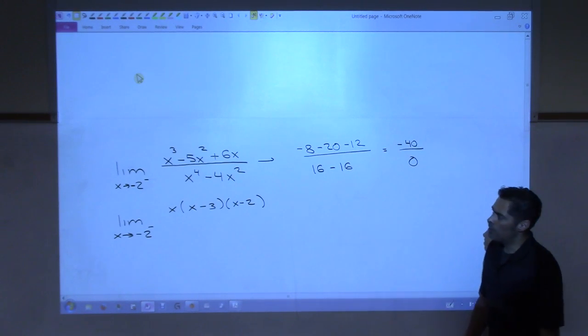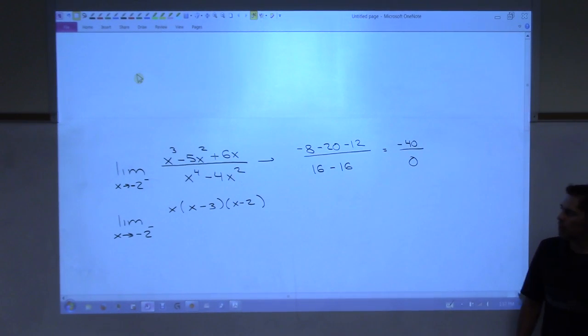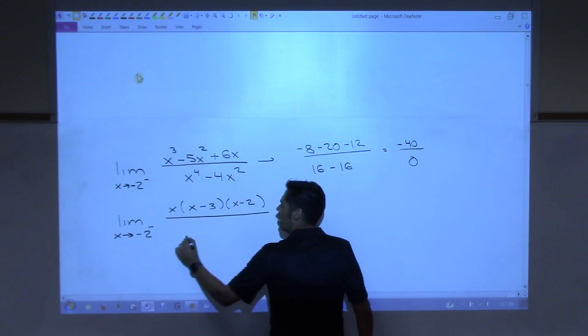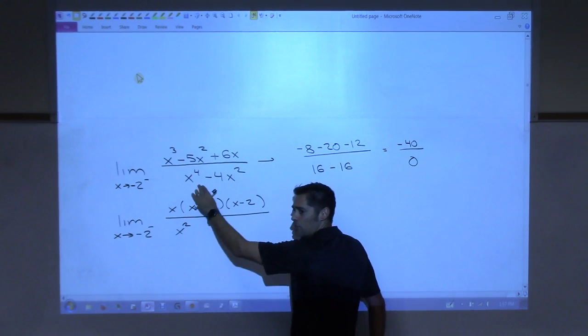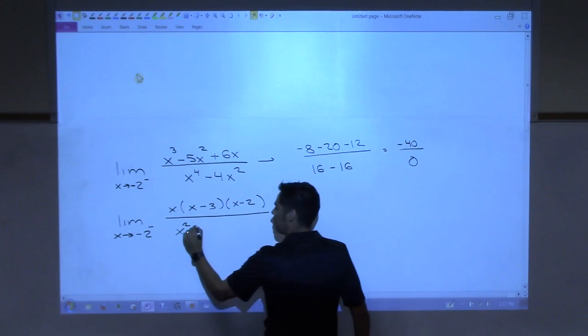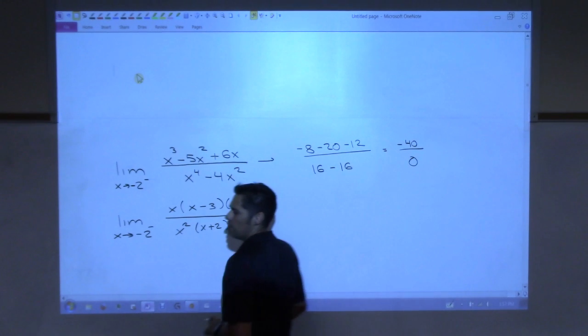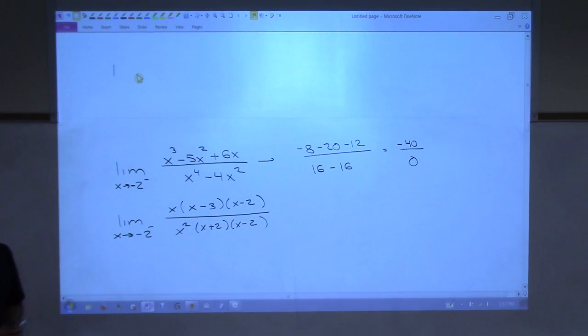If I factor the numerator out completely, and the denominator, I could factor out an x squared, and what would be left would be an x squared minus 4, which is a difference of squares, so that's x plus 2, x minus 2. That's what would happen if I completely factor.